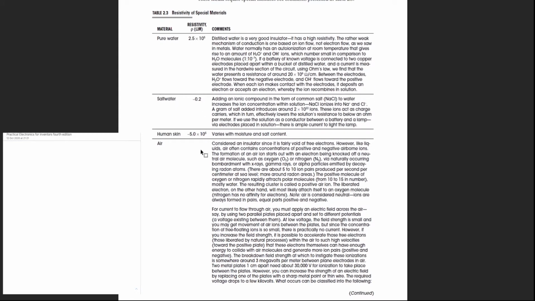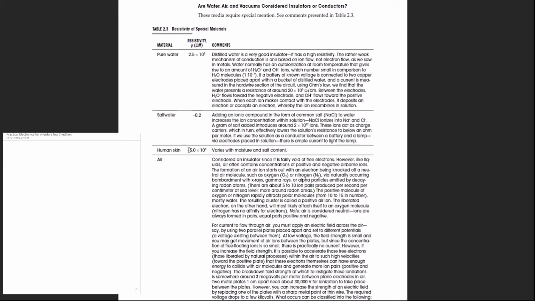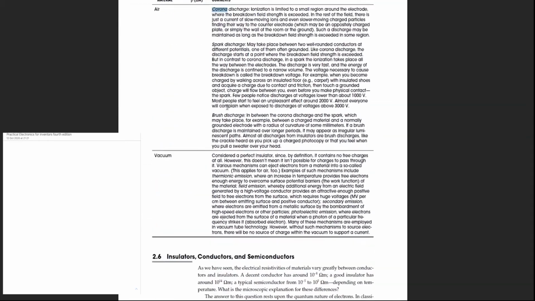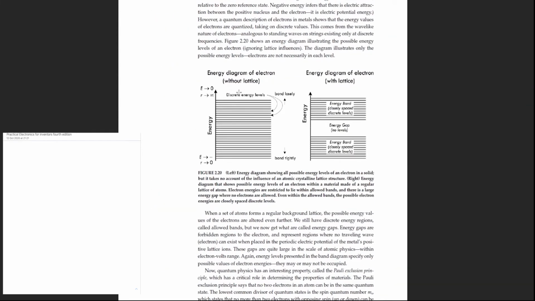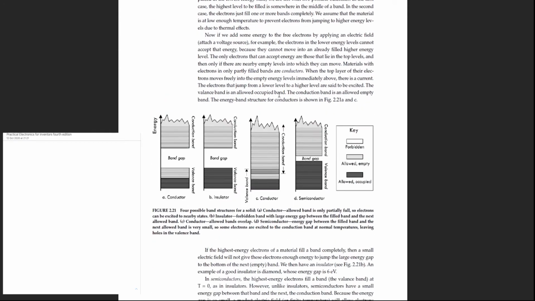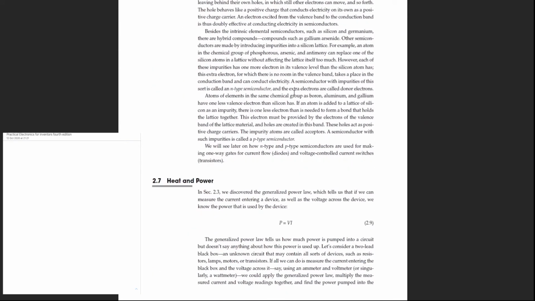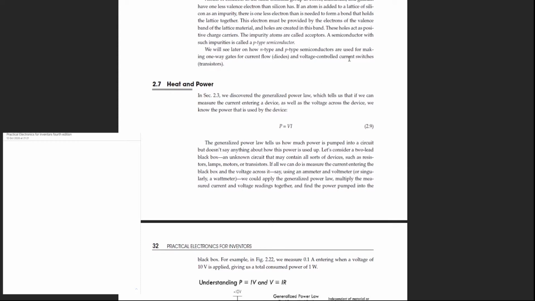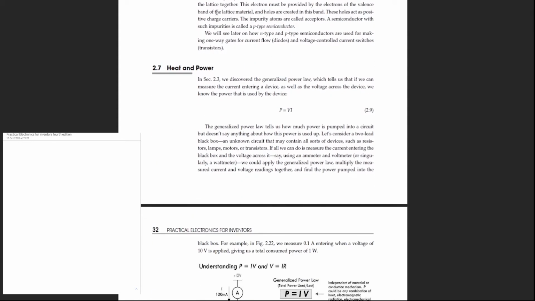So, human skin. Alright, so this just has to do with resistivity of different objects, materials, heat and power. What page am I on right now? Page 60 already. Oh no, I'm on page really 31 actually.